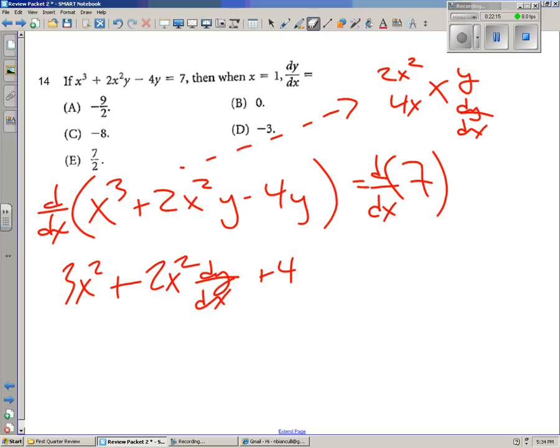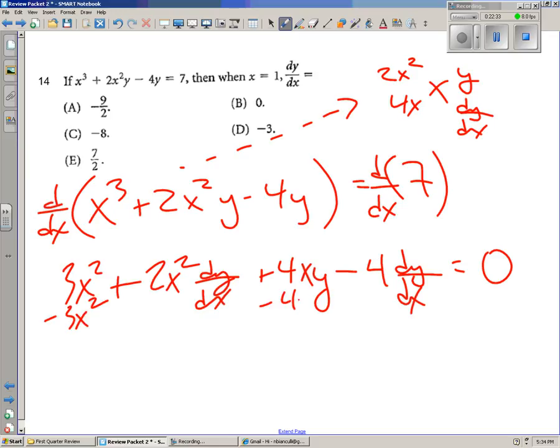Let's see, we have 4xy minus 4 dy over dx equals 0. It doesn't really matter which side, because we're going to find out when x is 1 what the answer is. So I'll bring over the negative 3x squared and the 4xy.